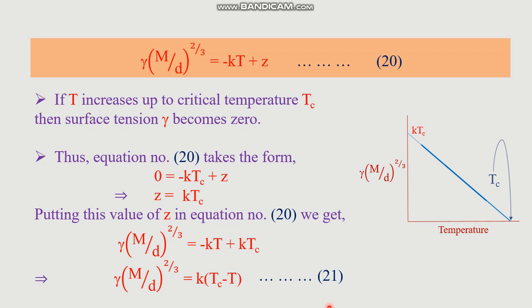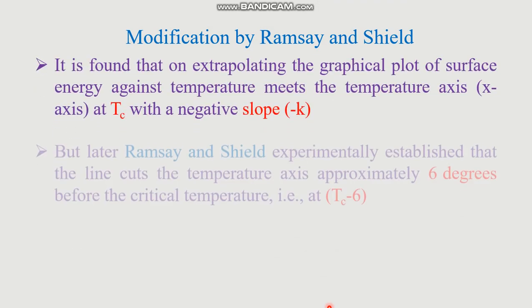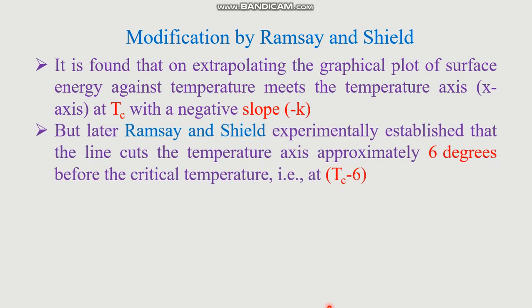This equation represents the temperature dependence of surface tension, but this is a theoretical equation. When practical experiments were done, Ramsay and Shields later found that this point is cut 6 degrees before the critical temperature on the x-axis.